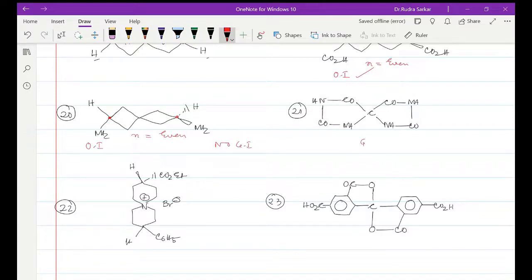geometrical isomerism, which is possible because instead of an NH we can have the CO over here.